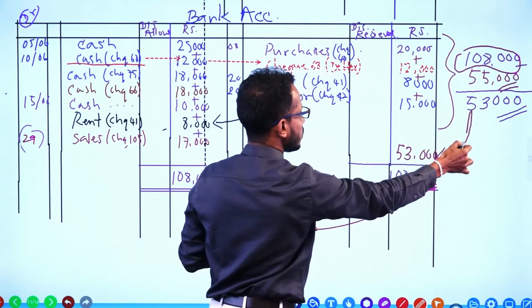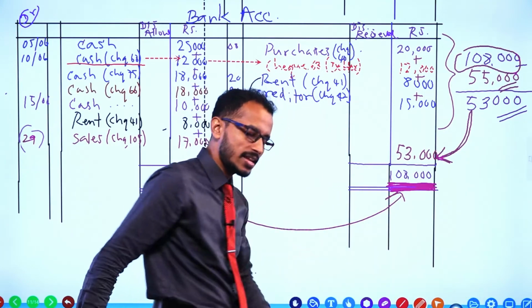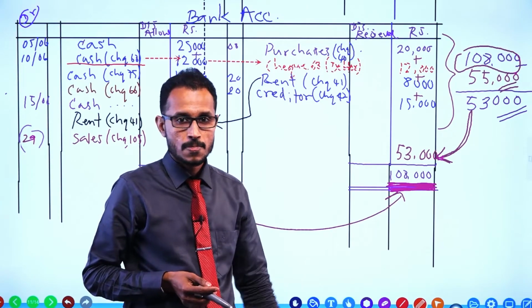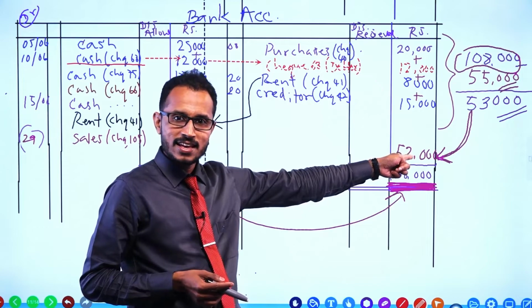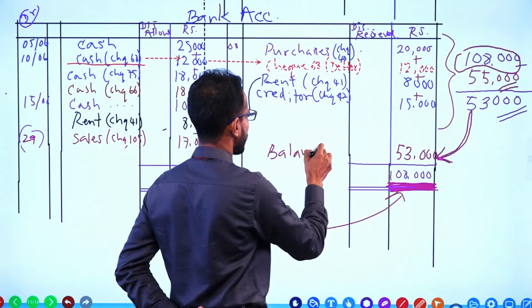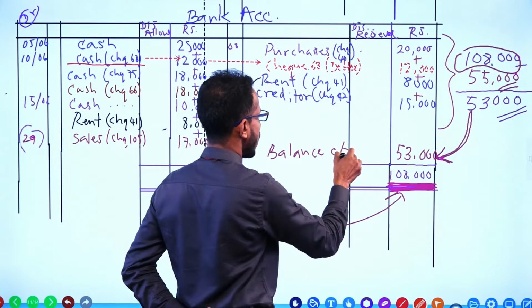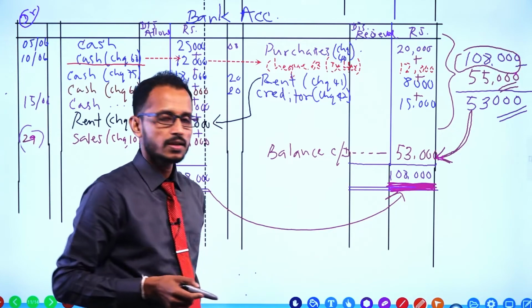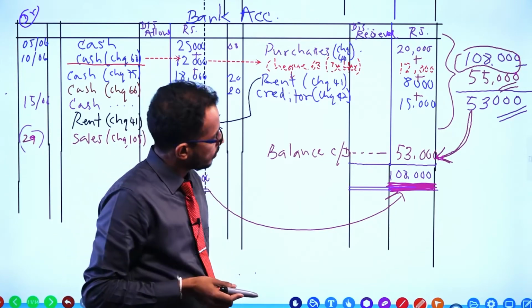The remainder is the balance remaining in the bank account. Okay, you write balance carried down for that 53,000.